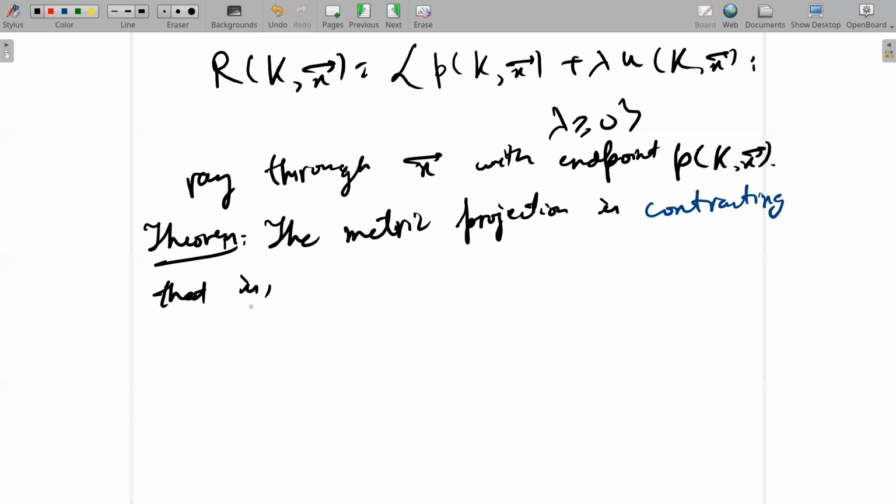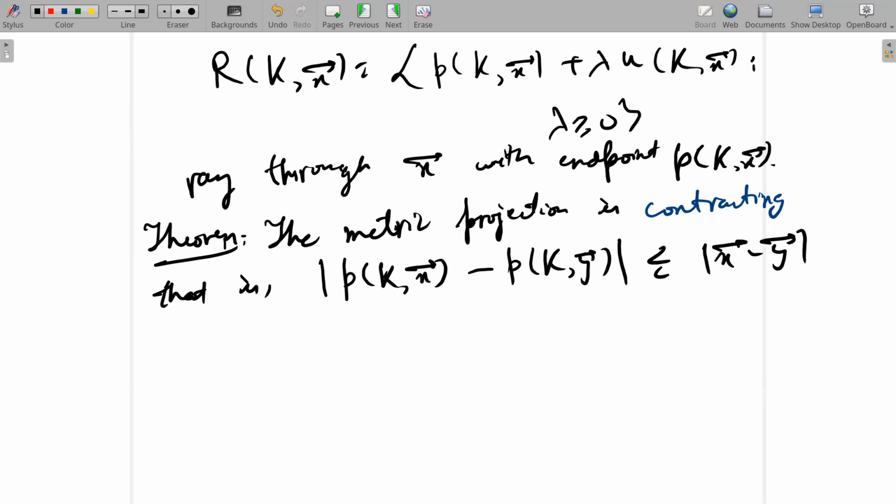If you think of the metric projection as f, then the distance between f(x) and f(y) is less than or equal to the distance between x and y. That is what it means for a map on a metric space to be contracting. So just write that out. Here f being P_K(·), the distance between f(x) and f(y) is less than or equal to the distance between x and y.